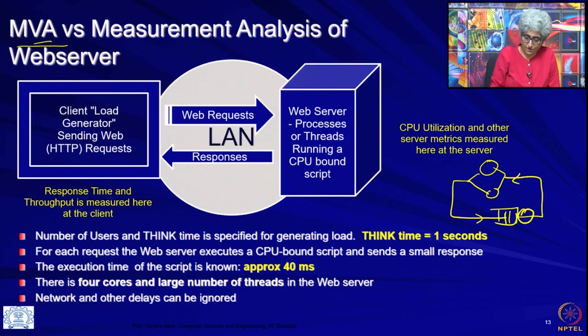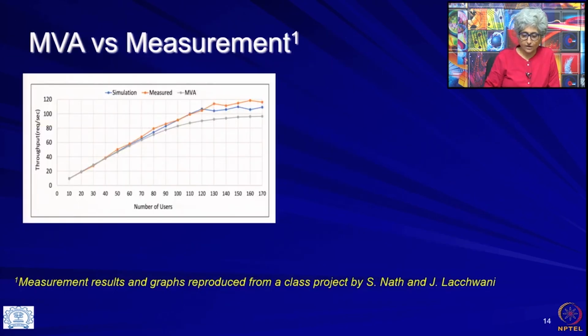This time our web server has 4 cores, and the script running time is 40 milliseconds. Since it is a closed load, we have to have a think time for the users, and the think time is 1 second. Let us look at the results. The first thing here is the throughput.